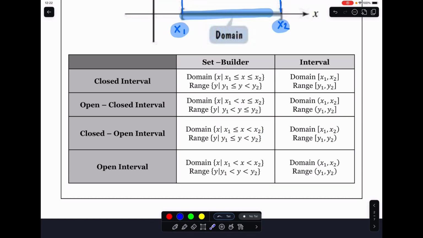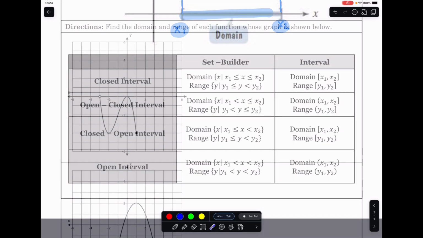And remember, the appropriate parentheses and brackets depend on whether we have open or closed circles on our pictures. When you're doing this, there are two problems that you have to write in set builder notation, and you're only required to write it in this format, and I'll show you the proper way in the examples that we do. So let's turn the page and look at the examples that we have on the next page.